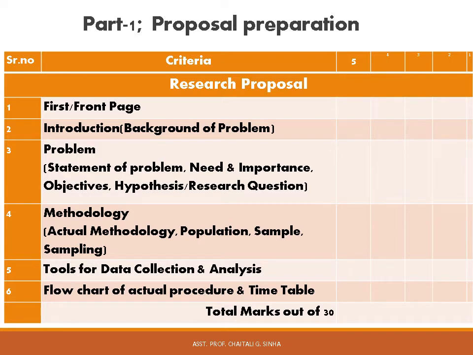Then you have to write about the need and importance of your study. What is the requirement that you are doing this study? So you might think that need and importance both sound equal and are the same. But in terms of research, need means what I think as a researcher is the need of the topic. Why?